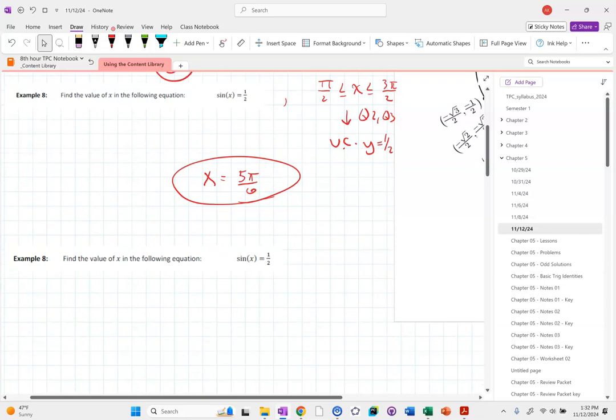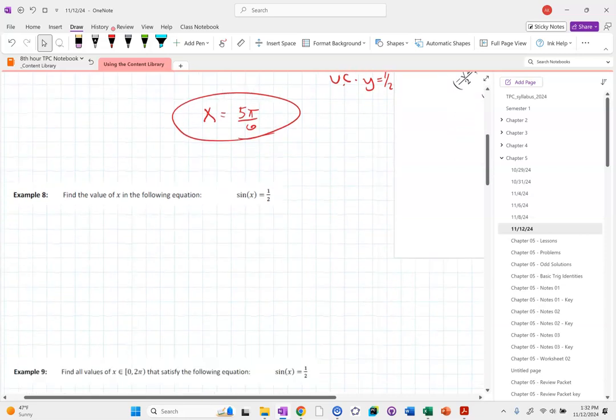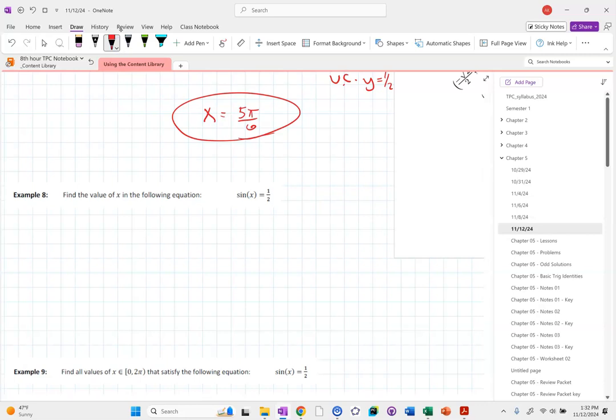Okay. What we'll do now in Chapter 5, in Section 5.2, is extend on those ideas. Before, we'd ask you to find sine inverse of something, where the range you're using is the fundamental range for the function. Or if we asked you to solve an equation, we'd give you a range of values to solve over.